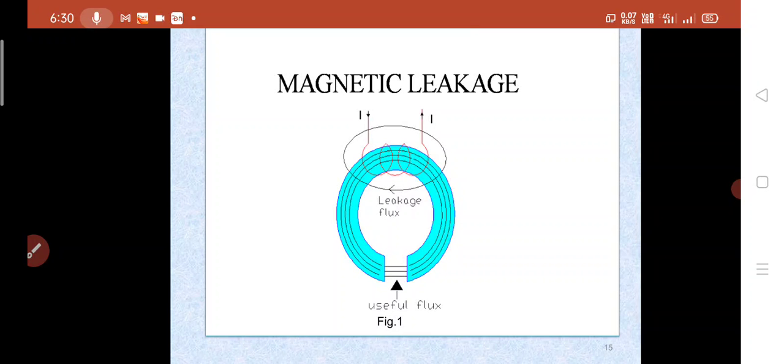Leakage flux lowers the efficiency of the machines. Though magnetic leakage cannot be avoided completely, it can be minimized by placing windings very close to the air gap.